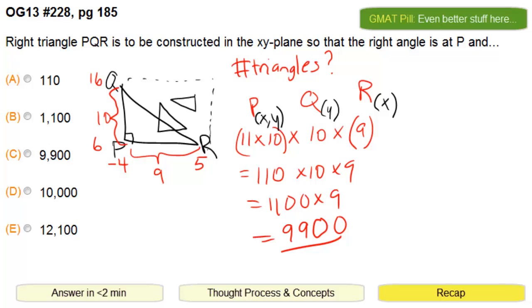So first you permute the P along 2 axes, then you permute the Q along the single y-axis, and then the R point along the single x-axis. Multiply them all out together, and you get 9900, and that's answer choice C.